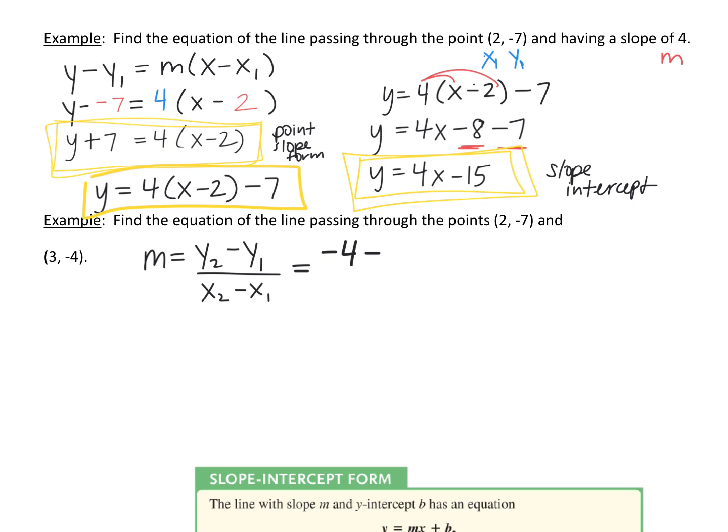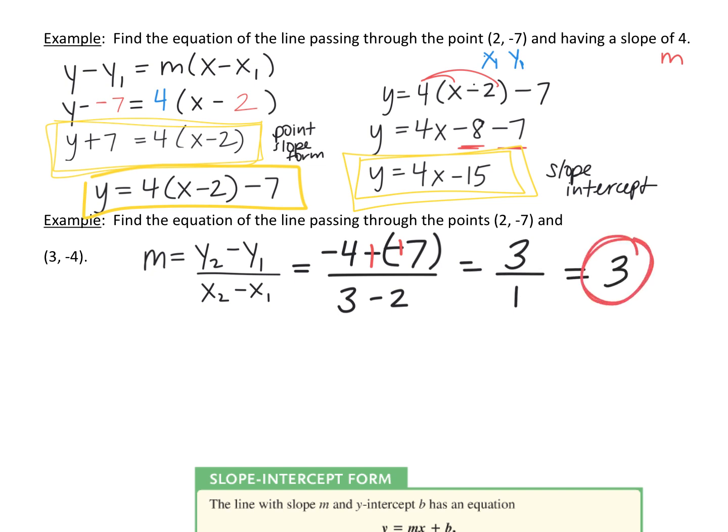Oh, don't forget to subtract negative 7. It usually helps if you put parentheses around the negative 7, that might help you not forget to put 2 negative signs, so you end up doing plus plus. It becomes 3 over 1, or 3 is your slope.